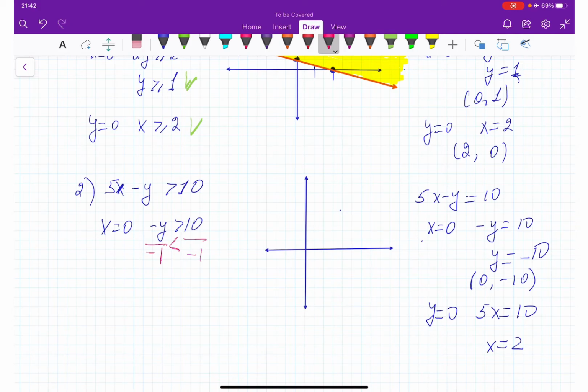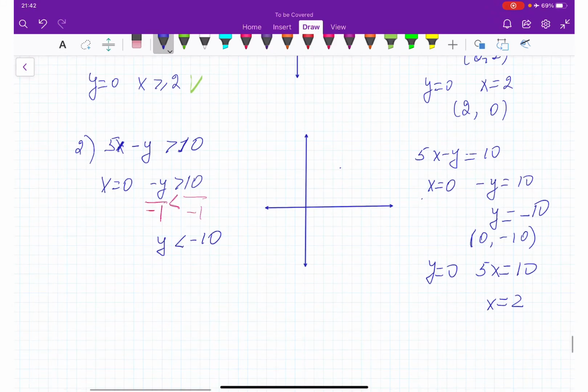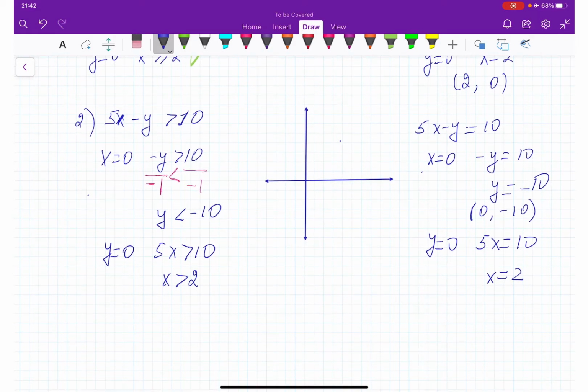And we get y is less than negative 10. So let's build the second case for shading. y is equal to 0, 5x is greater than 10, and x is greater than 2. We divide by 5.